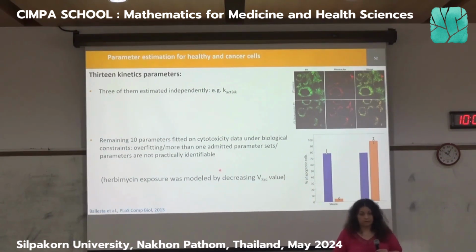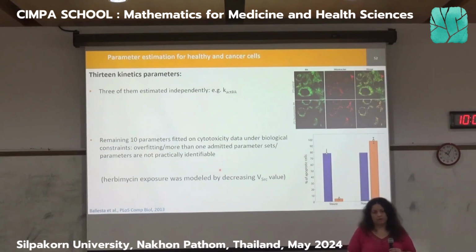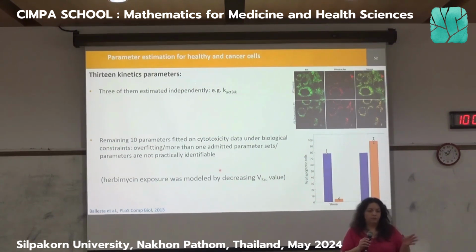How do we get the data? Yes, exactly. So the question is how do we get the data for parameter estimation? And yes, the answer is always in the literature. So either you go in the literature and search for specific values, for instance, for the total concentration of the proteins. Some of them are set to 1 nanomolar because this was measured in some experiments. And then you can go to other types of experiments.